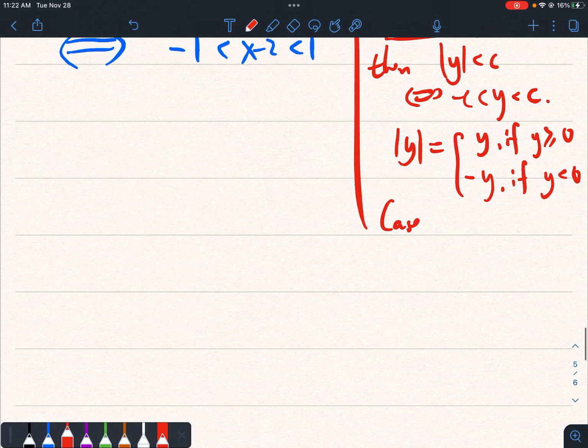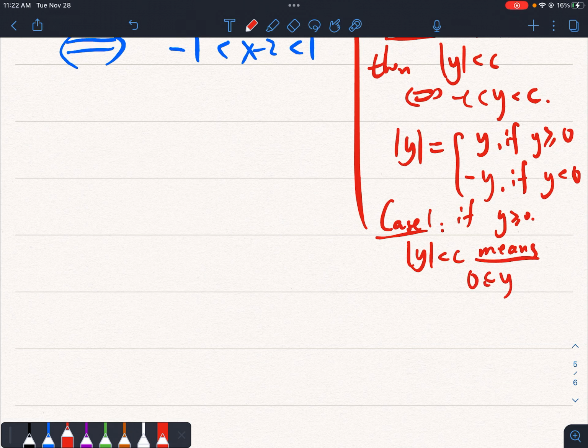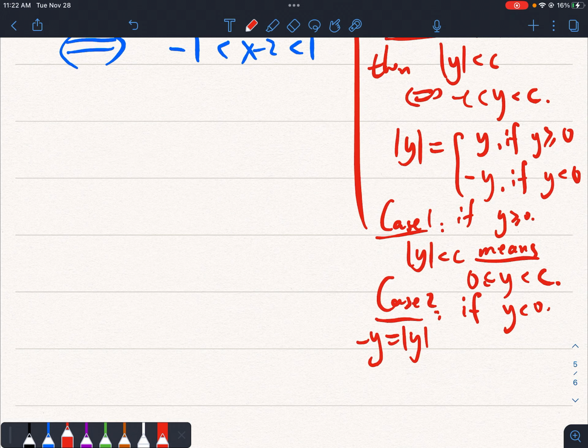So in the first case, this means y is from 0 to C, bigger than or equal to 0 and less than C. In the second case, if y is less than 0, then the absolute value becomes -y. This is less than C just means y is bigger than -C, so y is bigger than -C and less than 0.